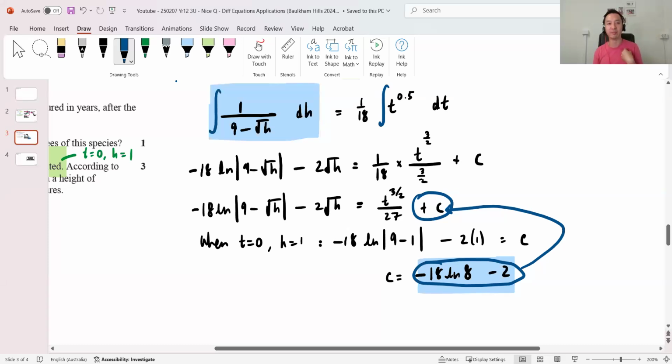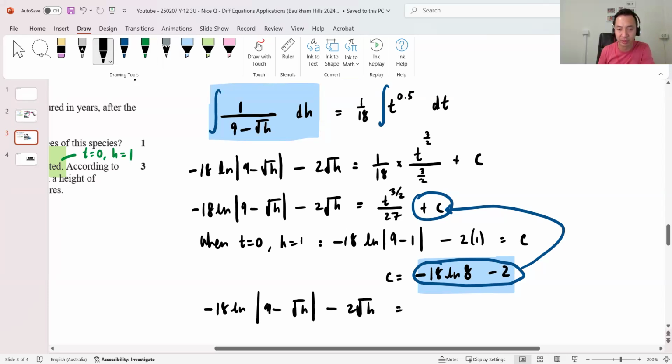And then the aim is to sub in h equals 16. So what I'm going to do, once I plug it in, I'll try to somewhat make t as clean as I can. So sub that in and you get negative 18 ln 9 minus root h minus 2 root h. There's no point in making h the subject because I'm subbing in a value of h. So t to the 3 on 2 over 27 minus 18 ln 8 minus 2.